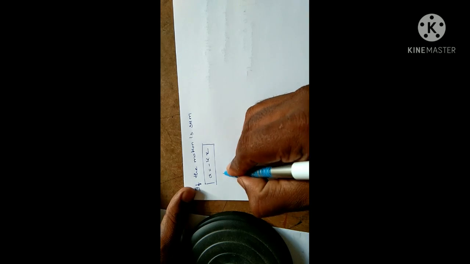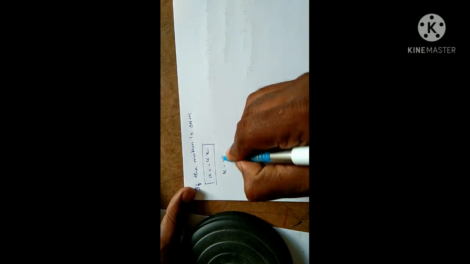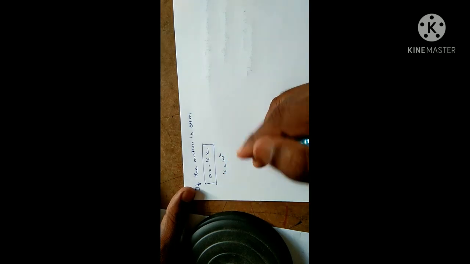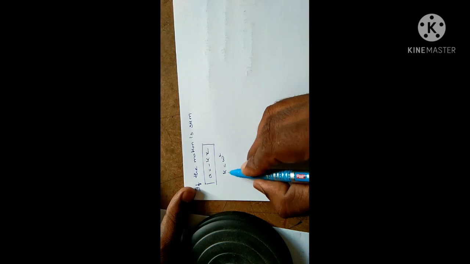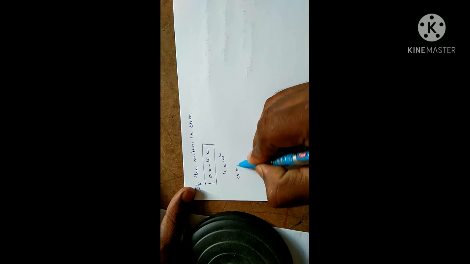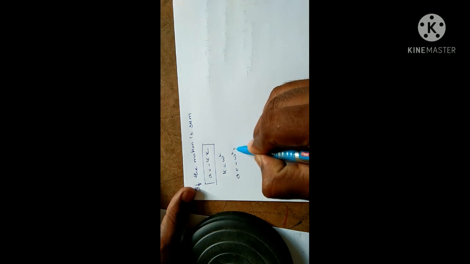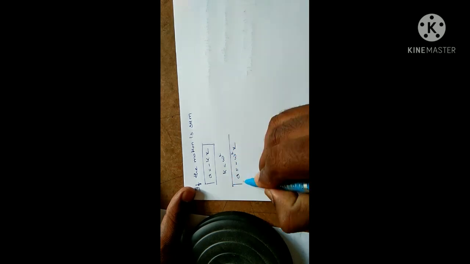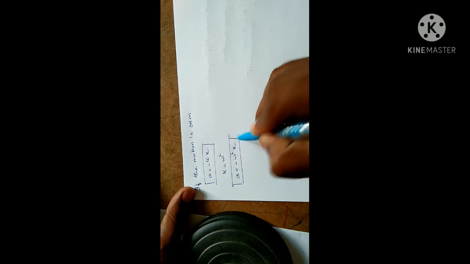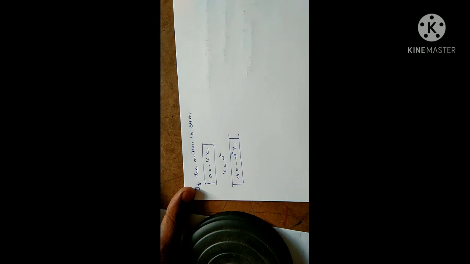And I told you k is nothing but omega square. Consider k as omega square. So I can write the original equation as A is equal to minus omega square x.